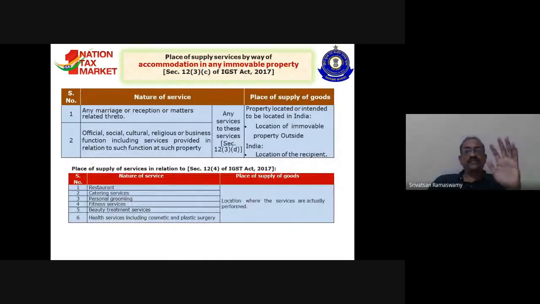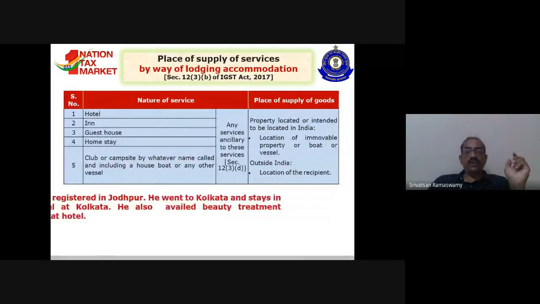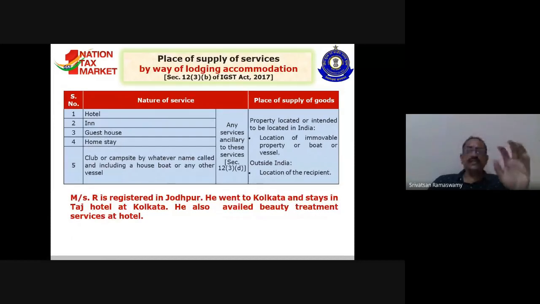Same is the condition with reference to accommodation services provided to immovable property. Mr. B staying in Dubai, trained for the purpose of grooming horses in Chennai. The place of supply obviously will be Chennai, even though the person is staying in Dubai. And by way of lodging and accommodation services, again, the condition is the same. The location of the immovable property.